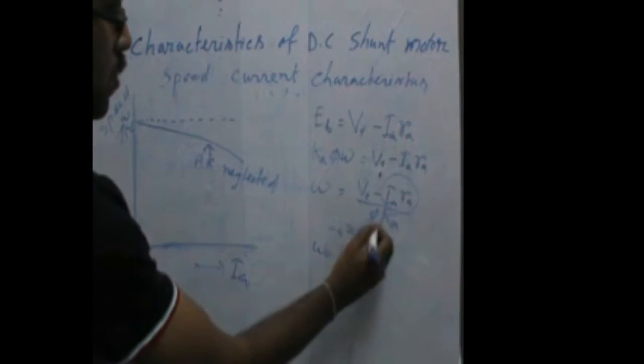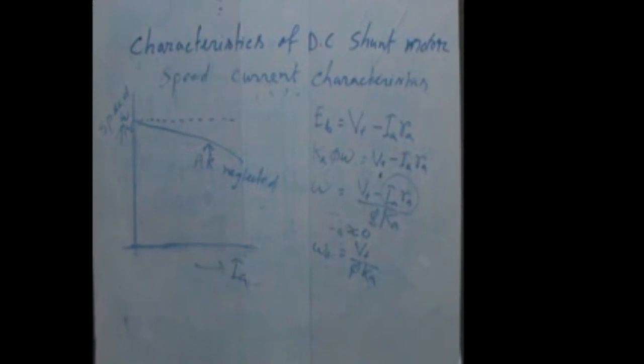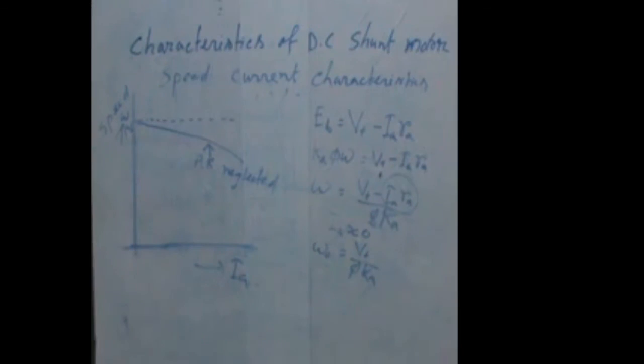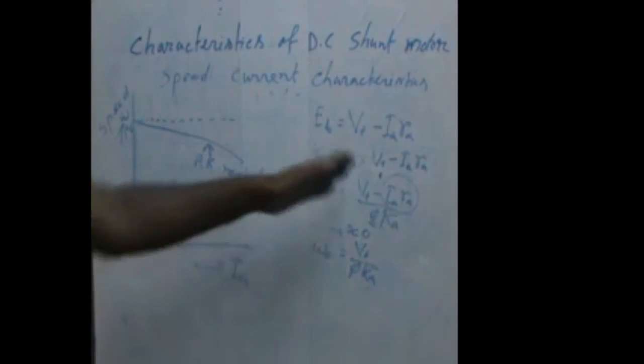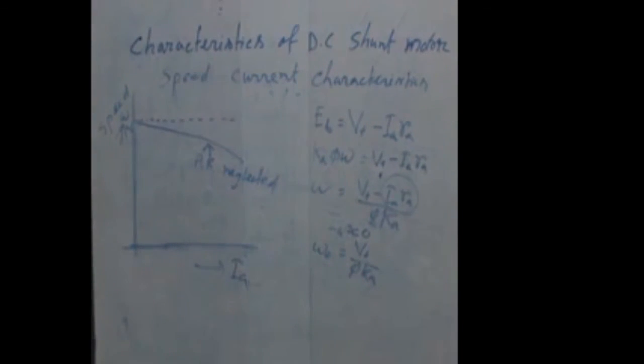As a result, the whole speed term will increase slightly. So if we consider armature reaction, the actual curve will shift slightly upward.